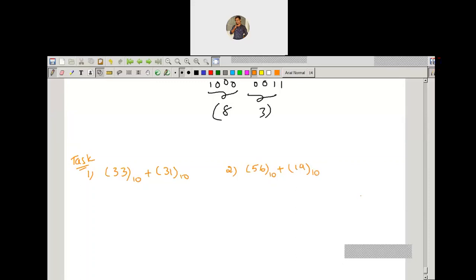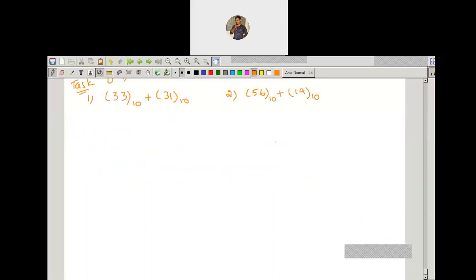Okay, so everybody do these additions by using BCD. Perform the BCD addition. Now let us move on to the next topic, that is the BCD subtraction.